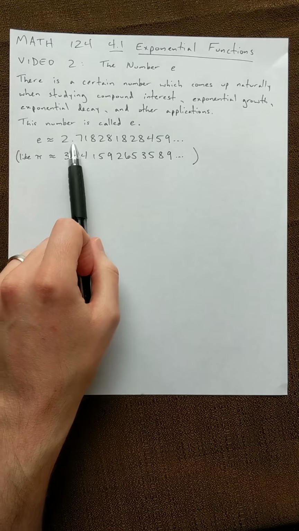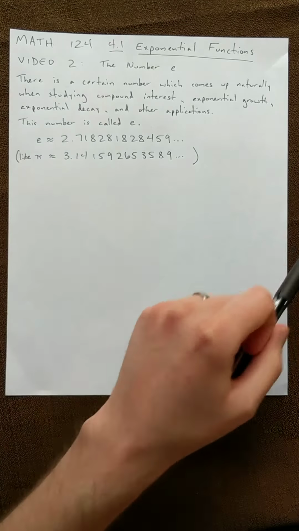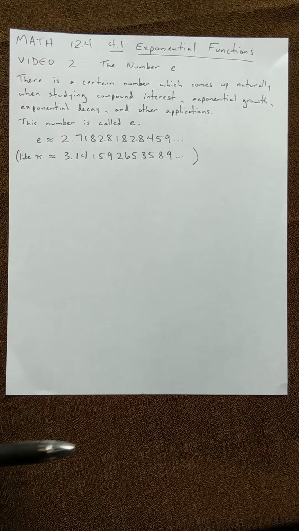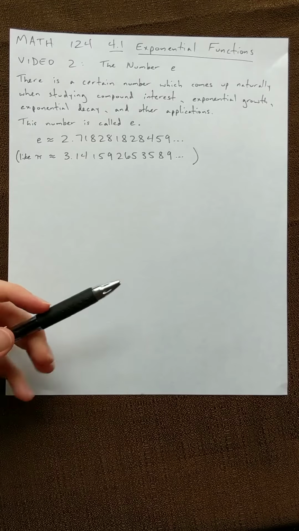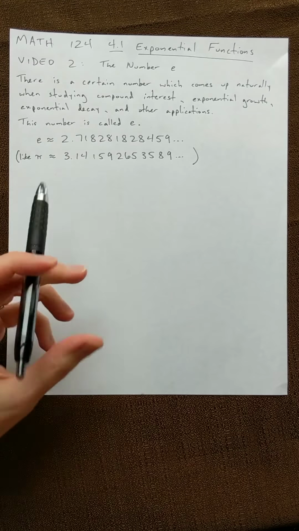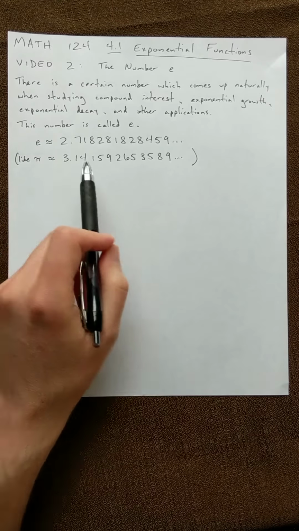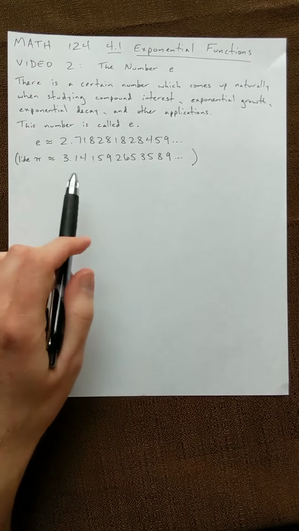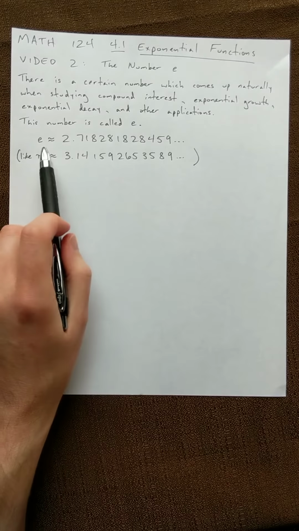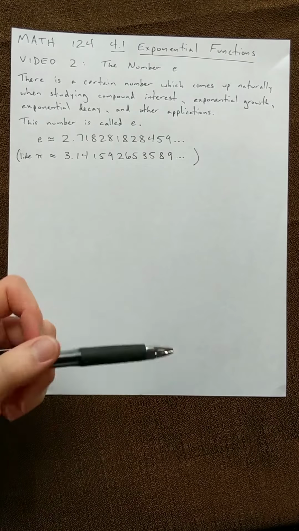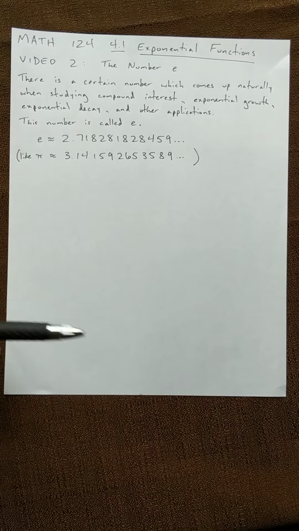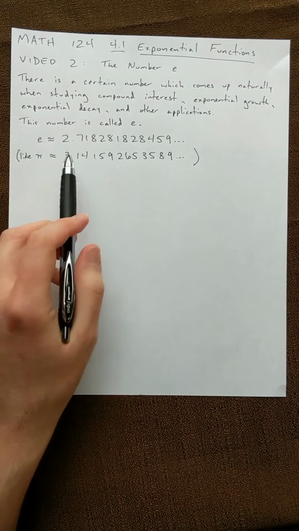It's approximately 2.71828 and so on. So it's a single particular number that has some significance to us, just like the number pi, which we've been told our whole lives is important when you're studying different properties of circles. The number e is going to be important when you're studying certain properties of exponential growth and exponential decay.